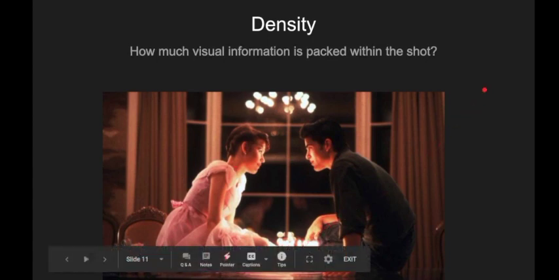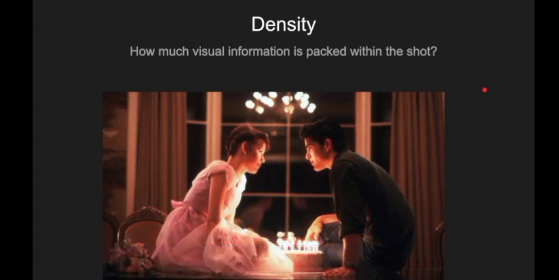There really isn't anything else, and I would say that because they are more in focus, our eyes focus on them more. Although there's this window and this curtain in the background, it doesn't take up density. It's not a form of density. So therefore this does have a low density.